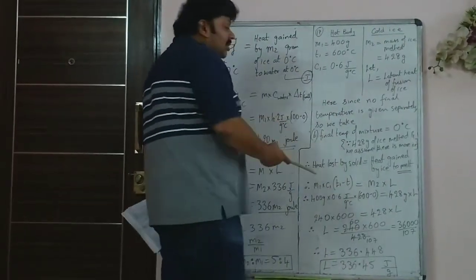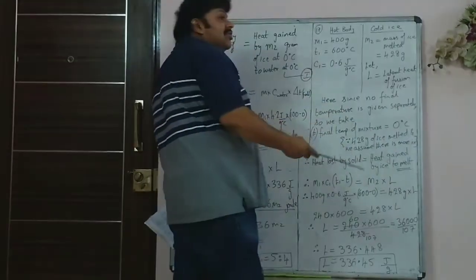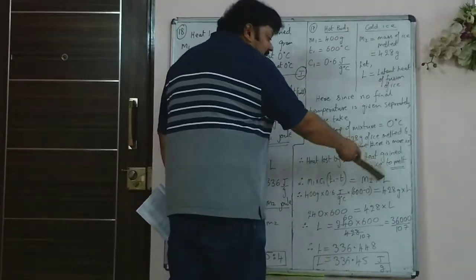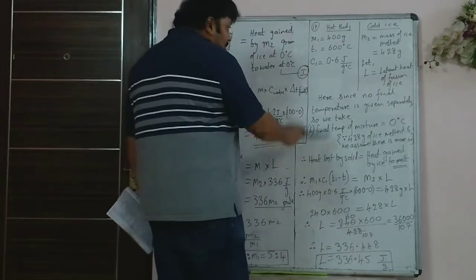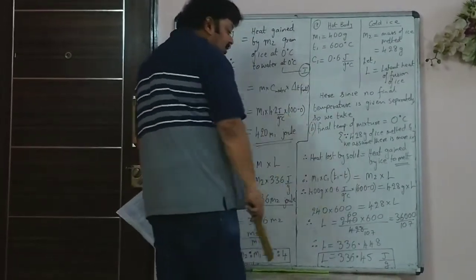So again, heat equation, heat lost by hot body is heat gained by ice just to melt. So it is M2 into L, that is to melt. There is no MC delta T, it is just M2 into L. Is M1, C1 and fall in temperature is 600 minus 0.